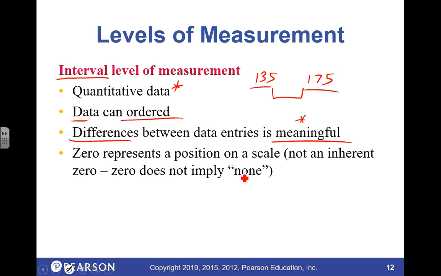Here, 0 represents a position, but it does not necessarily mean that there is none. So while talking about my weight, there is a difference that is meaningful. Weight is actually not an interval level of measurement. A good example of an interval level of measurement that has a 0 that does not imply none is temperature.